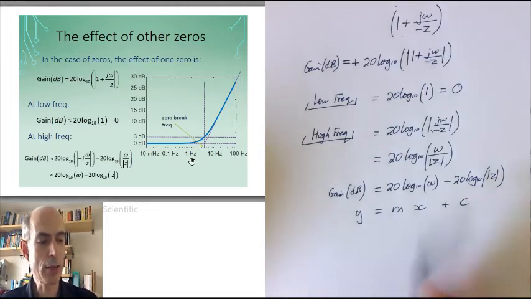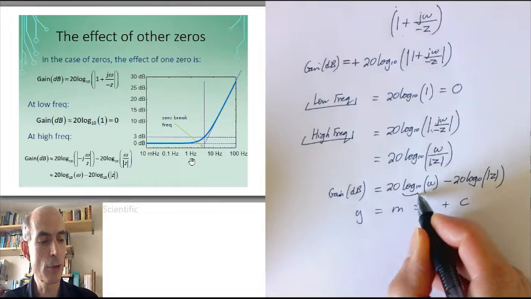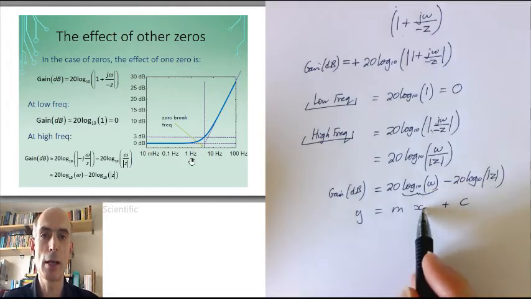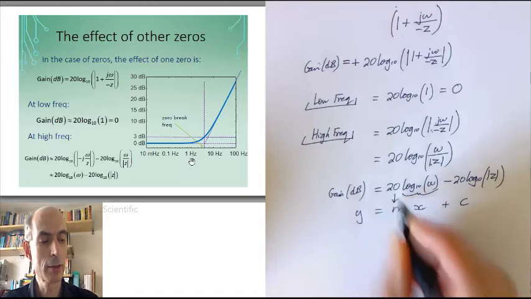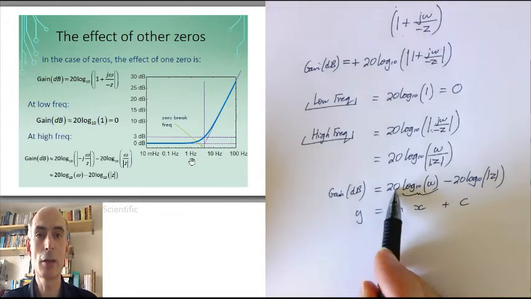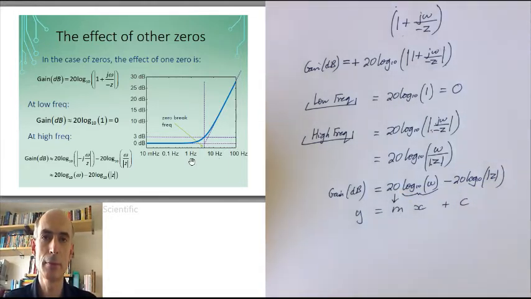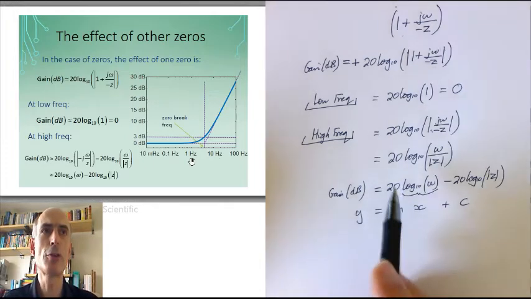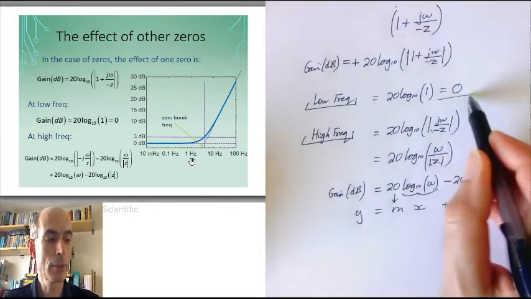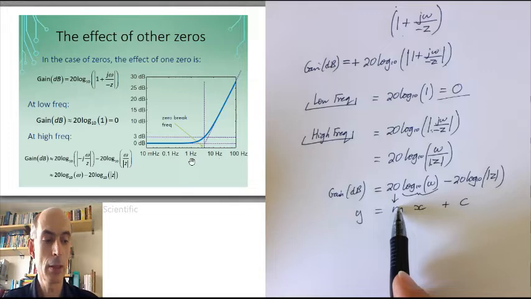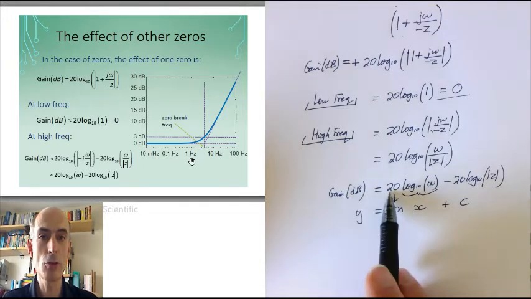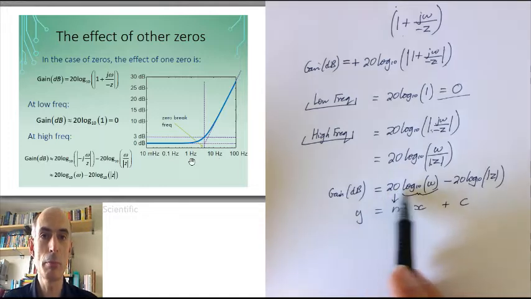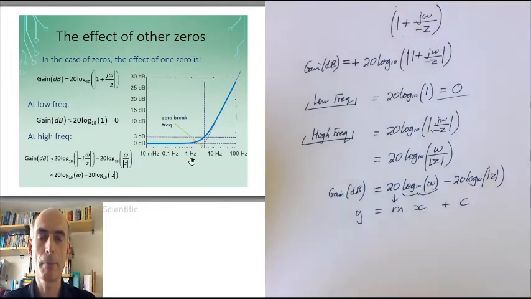At least it's a straight line, provided I use the logarithm of frequency as my x-axis. And the gradient of the straight line is again going to be 20. So at low frequencies, these zeros have no effect at all. At high frequencies, it causes an increase in the gain at the rate of 20 dBs per decade of frequency.